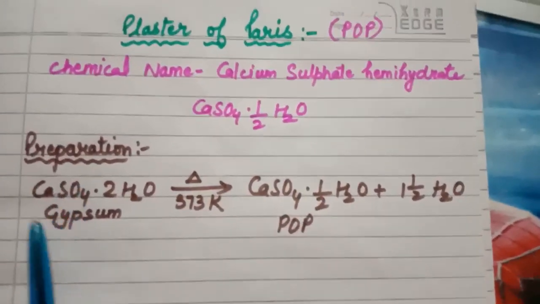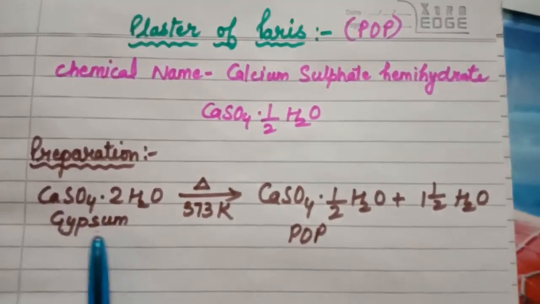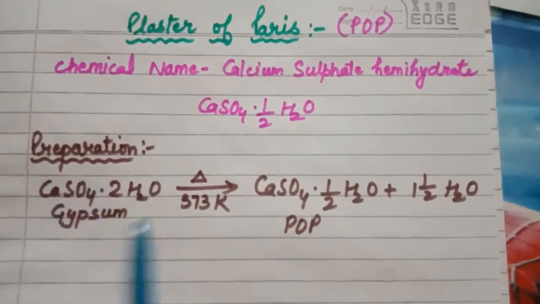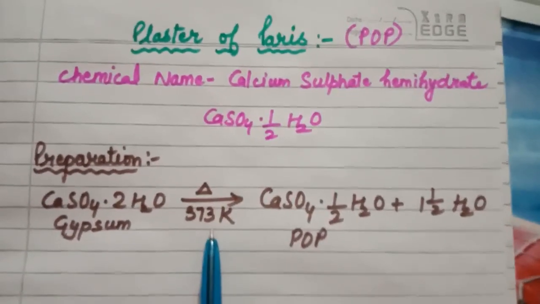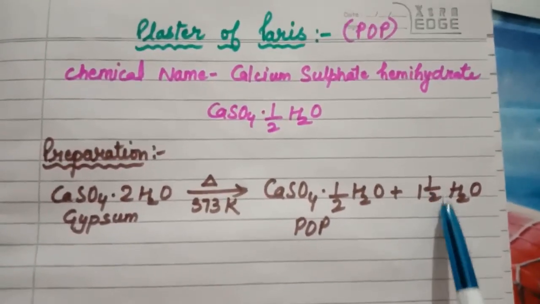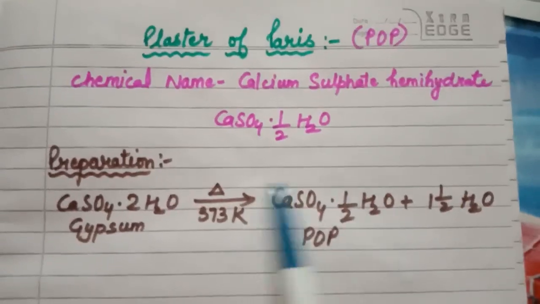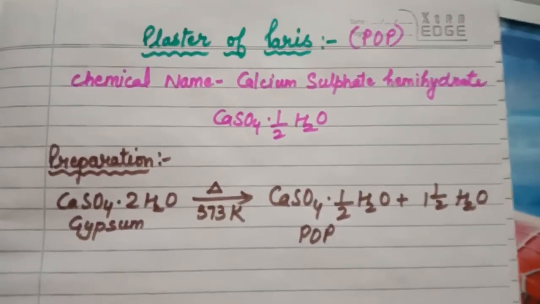How is it prepared? Calcium sulfate dot 2H2O is known as gypsum. Whenever we heat gypsum at 373 Kelvin temperature, it forms POP and 1.5 molecules of water are removed, so that our POP is formed.